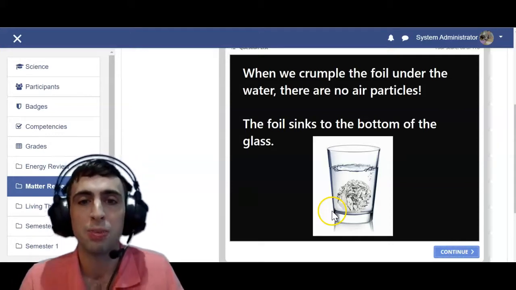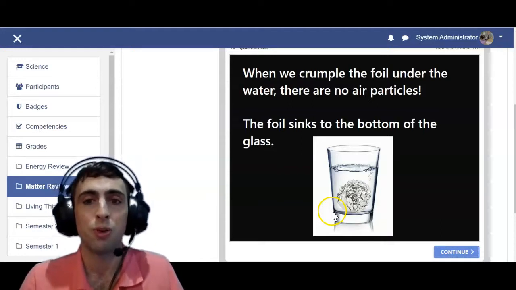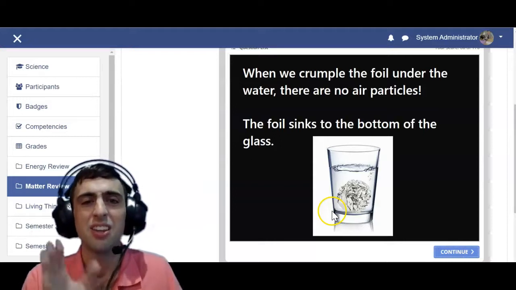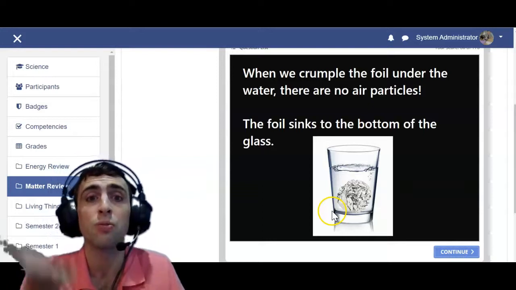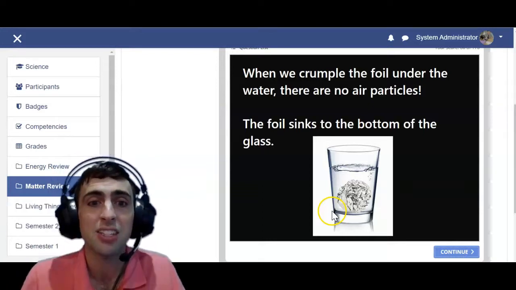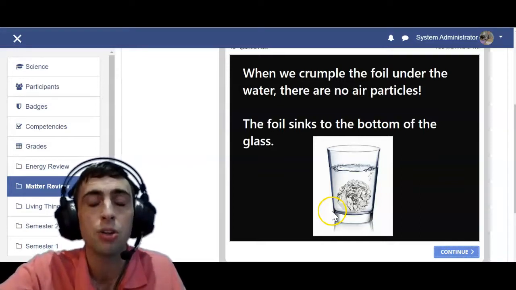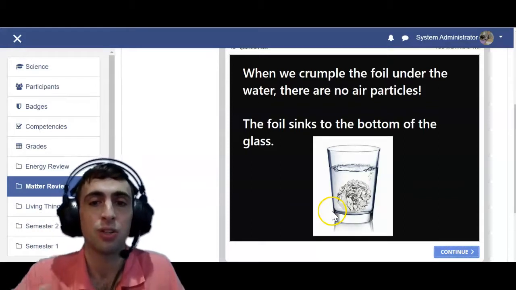We know it's because of density. One of the tin foil balls has air particles inside. It is less dense than water, so it will float. The second tin foil ball had no air particles inside. We crumpled it up under the water. It is more dense than water, so it will sink.